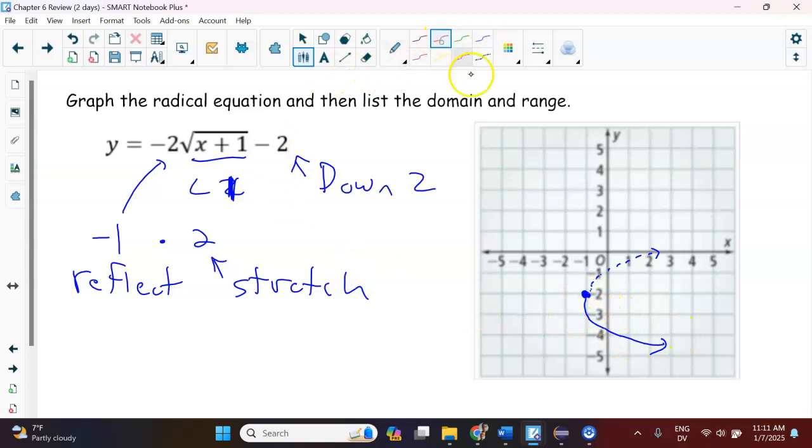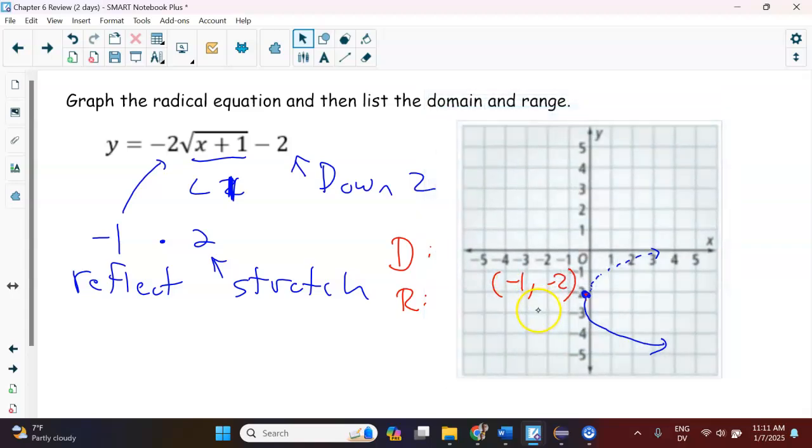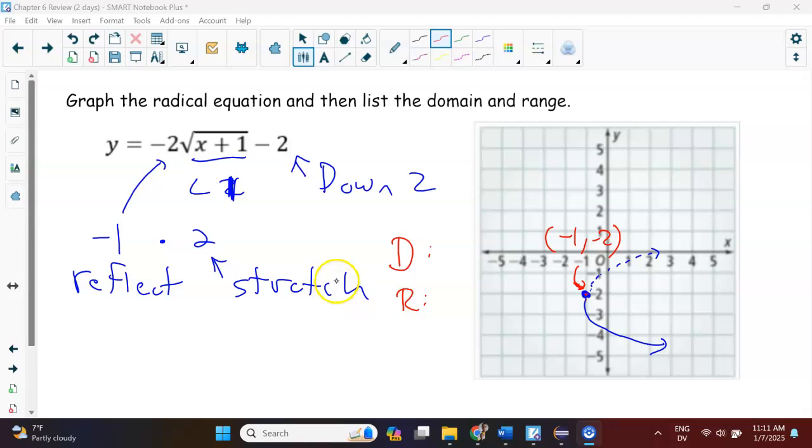And then domain and range is different than the last one here. So I like to look at this point right here, this vertex point, which is negative 1 and negative 2. The domain is what's possible for x. So if we look at our x-axis, it starts at negative 1.